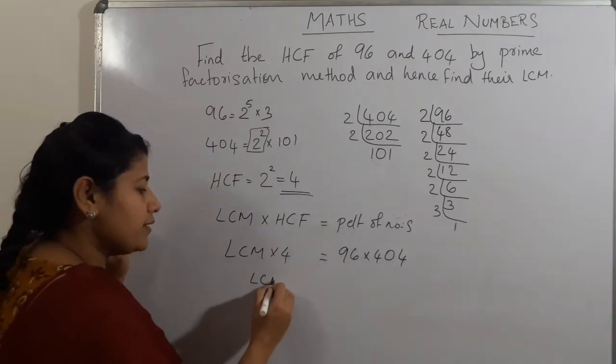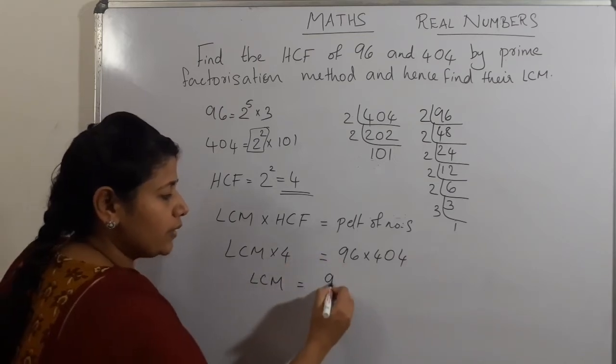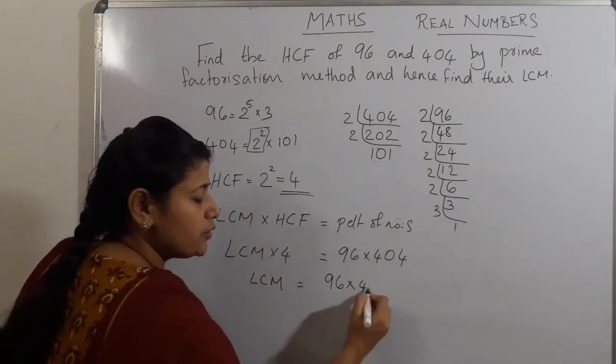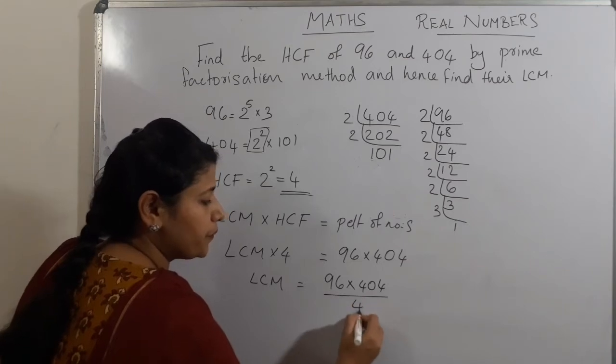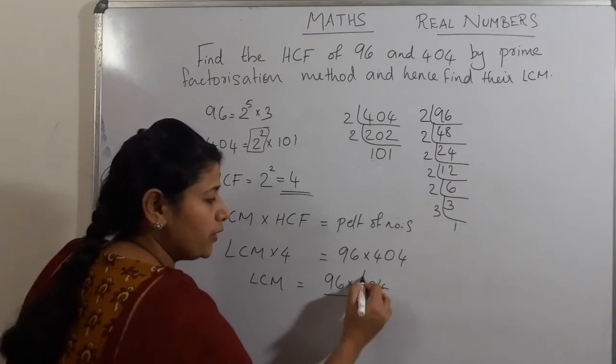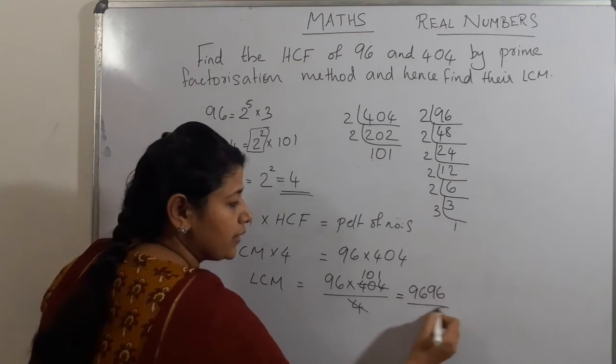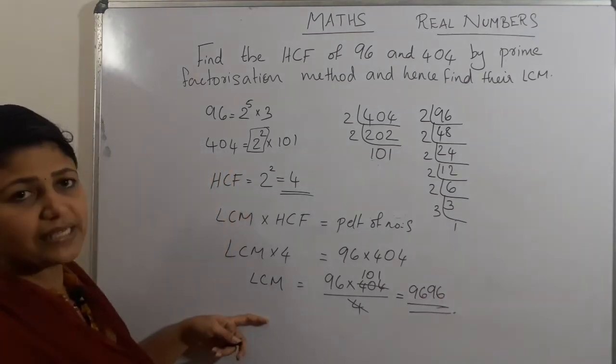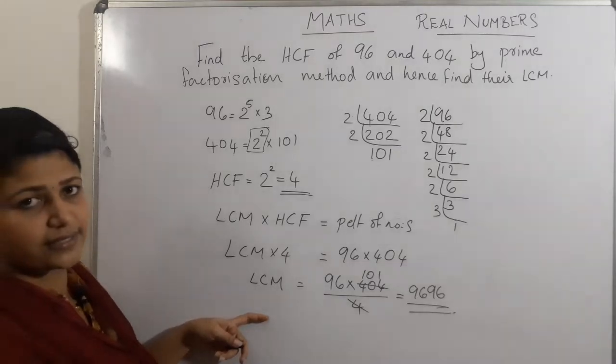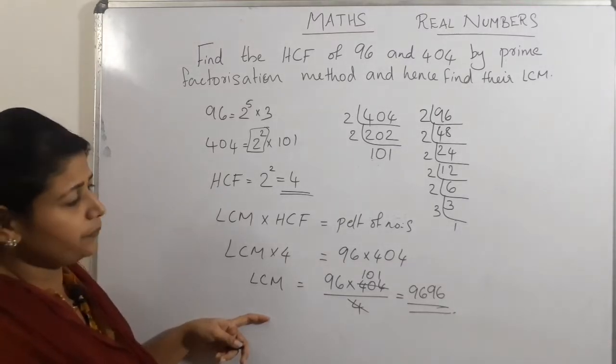Now we take this 4 to the other side: 96 into 404 by 4. When you cancel with this 4, it will be 101 into 96, which gives 9696 by multiplying. So we get the LCM as 9696. It's very simple, you know.